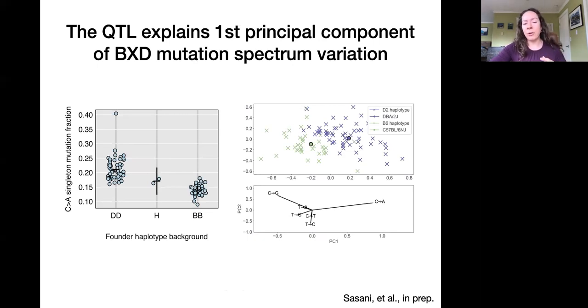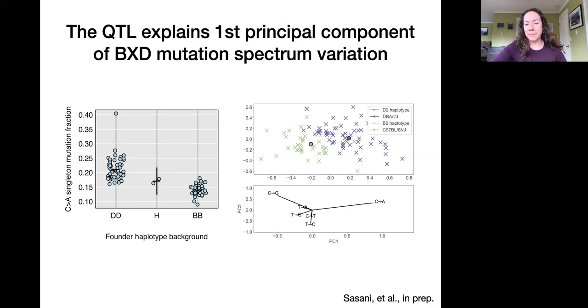Basically, what I'm showing on the left here is how the C to A mutation fraction among singletons varies between strains with a homozygous DBA2J haplotype at the QTL versus a heterozygous QTL versus a homozygous C57 black 6 haplotype. We'll sometimes shorthand call these the B and D haplotypes at the QTL.